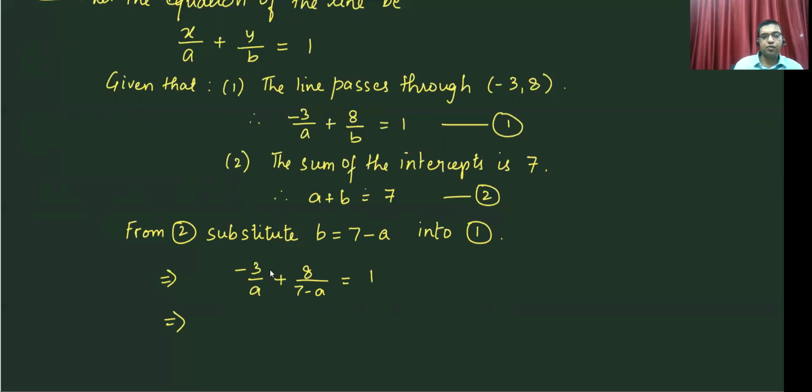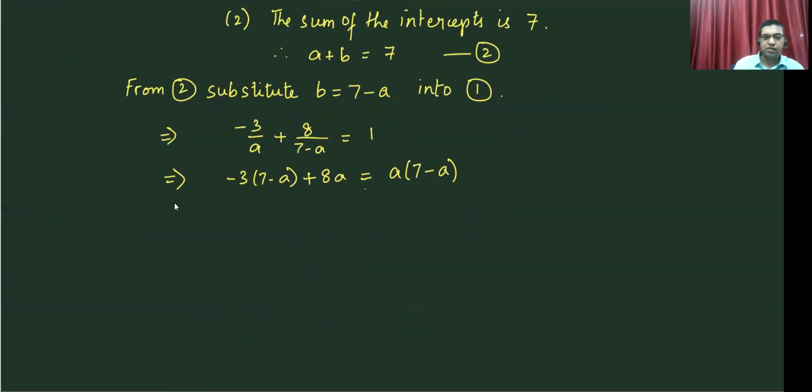You get -3(7 - a) + 8a on the left, equal to a(7 - a) on the right. Now this gives us -21 + 3a + 8a = 7a - a².